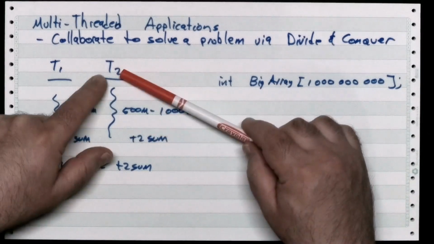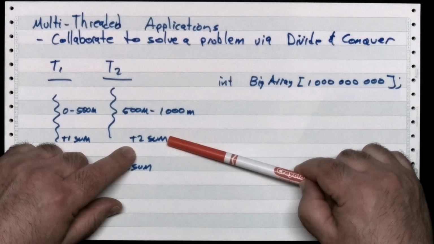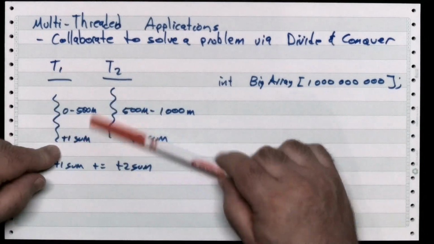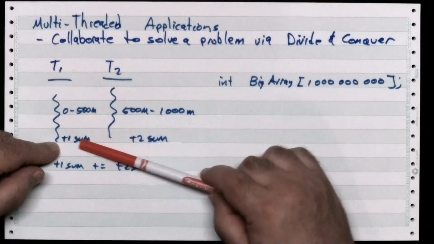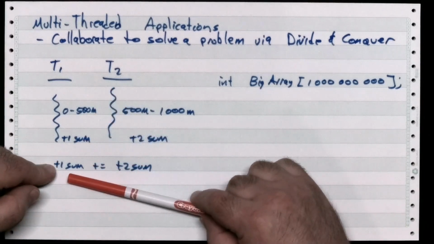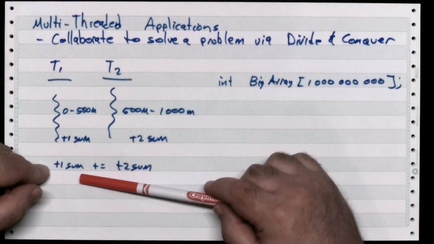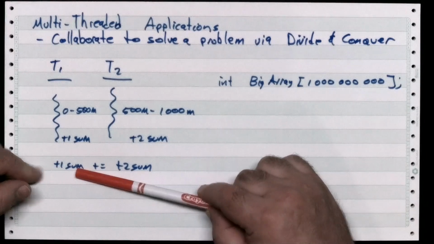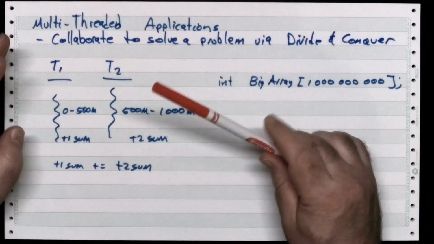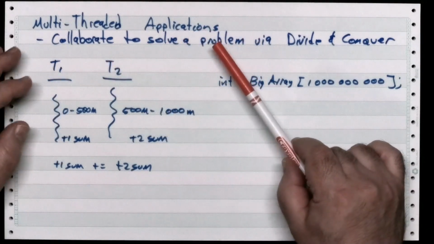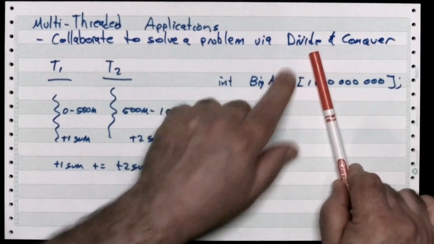Maybe thread 2 sums up all of its elements into a variable called T2 sum, and thread 1 sums up all of its values into a variable called T1 sum, and then thread 1 at the end would say T1 sum plus equals T2 sum to combine them into one total sum, and maybe it's a subroutine that returns a value. So that's the whole point of running more than one thread in the same application at the same time.